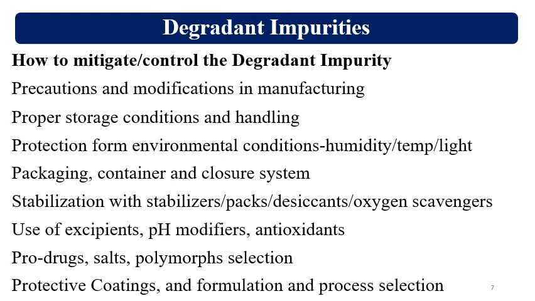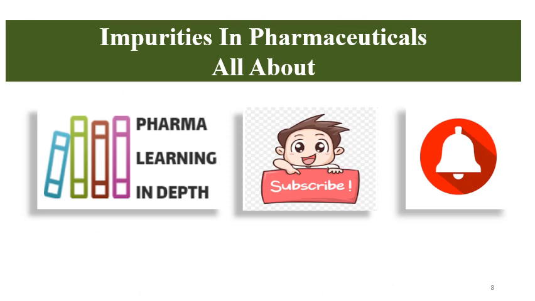Then you can use protective coatings to protect from moisture, to protect from light, and to give stabilization effect to the formulation. So there are many strategies to control the degradation impurity formation. Some of them I have enlisted here.